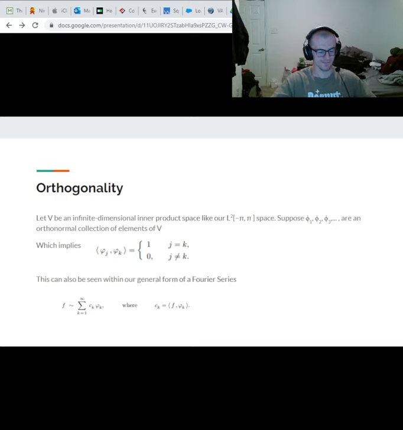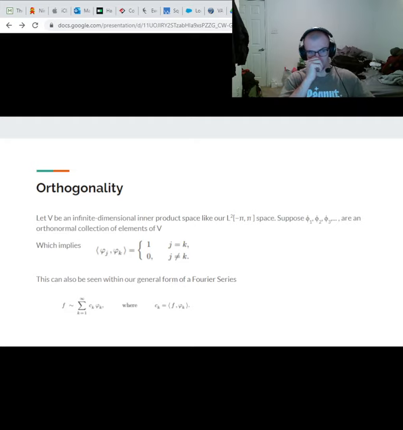One of the definitions is that the inner product of these two orthonormal elements is 1 if the element is the same and 0 if the element is different, by a factor of j, k, or n, as we will use later.